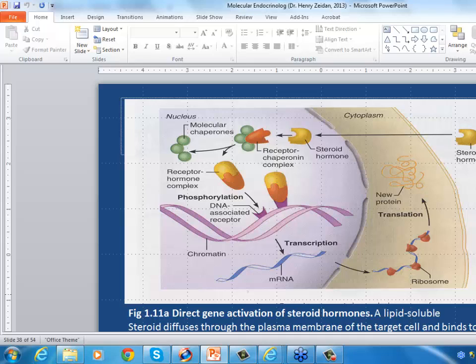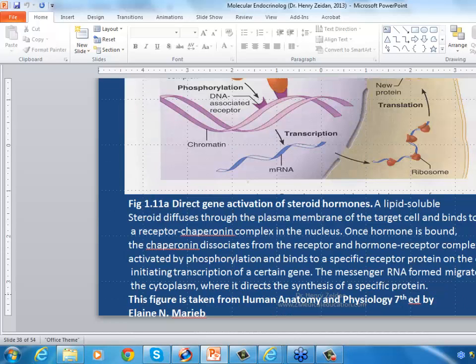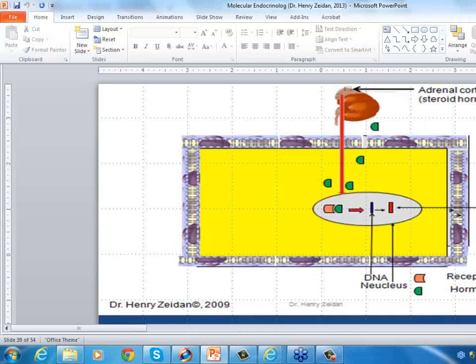If you inject a patient with a lipid-soluble hormone, you do not expect to see the effect right away. It will take longer for the effect to take place.